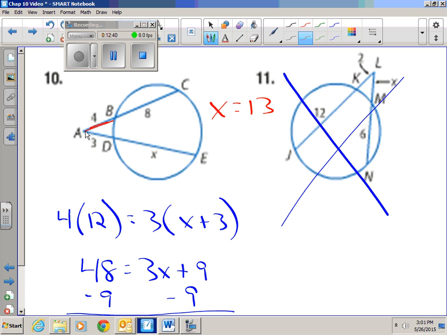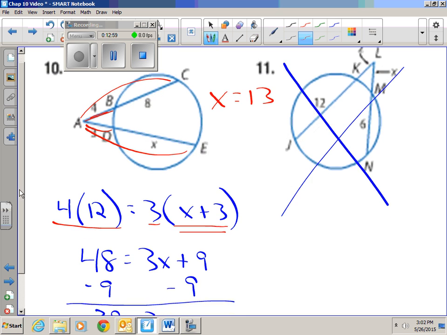On the top one, I know that 4 times 12, the whole thing. So it's the outside part times the whole thing. So 4 times 12 is equal to the outside part 3 times the whole thing, which is 3 plus x. Again, don't fall for that saying that's just 3 times x. It's 3 times x plus 3. You got to do the whole thing.